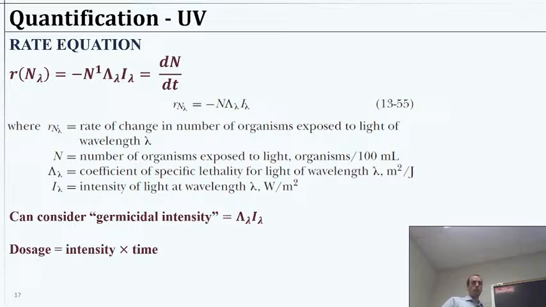So the dosing here, and I'm just following the convention of one of the books on this, we see this rate equation, how the number of bacteria or whatever is changing, given some dose and rate constant combined, right? This would be like saying K times C.